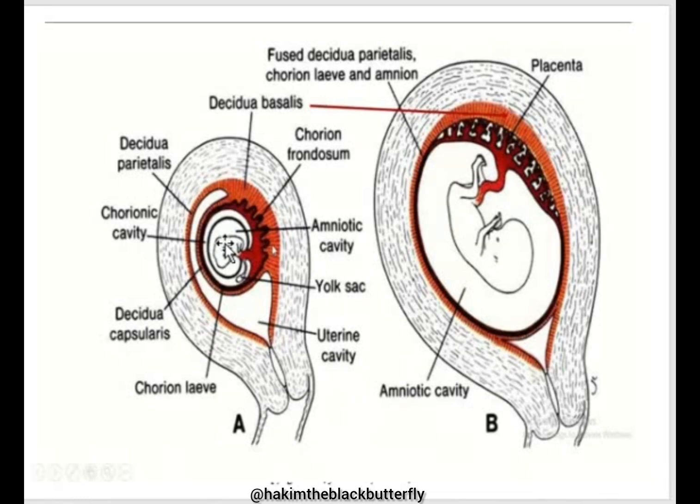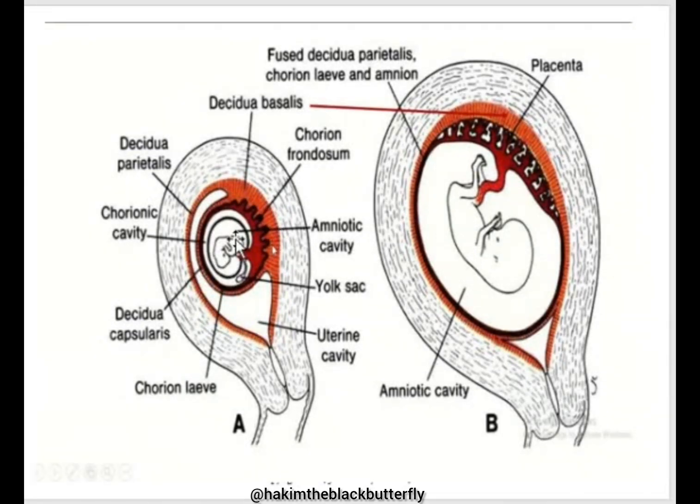The embryo, and you see the yolk sac being absorbed. The amniotic cavity, the amniotic membrane, the chorionic cavity or the gestational sac, the chorionic membrane, the decidua capsularis and the decidua parietalis, then the decidua basalis.